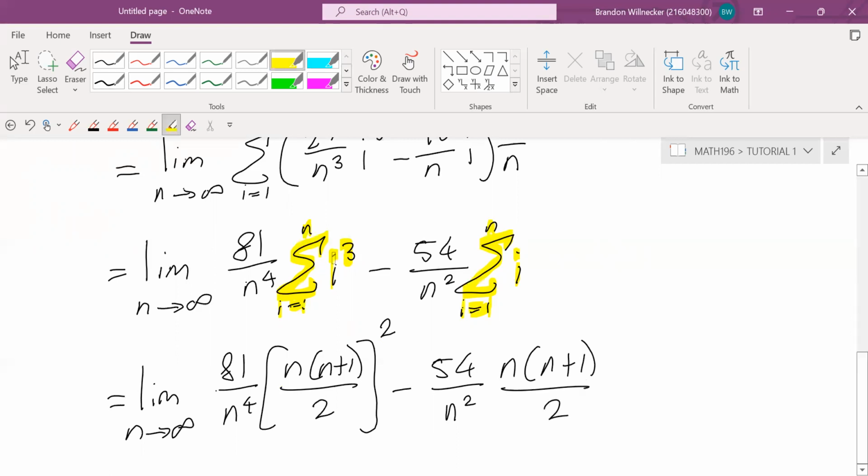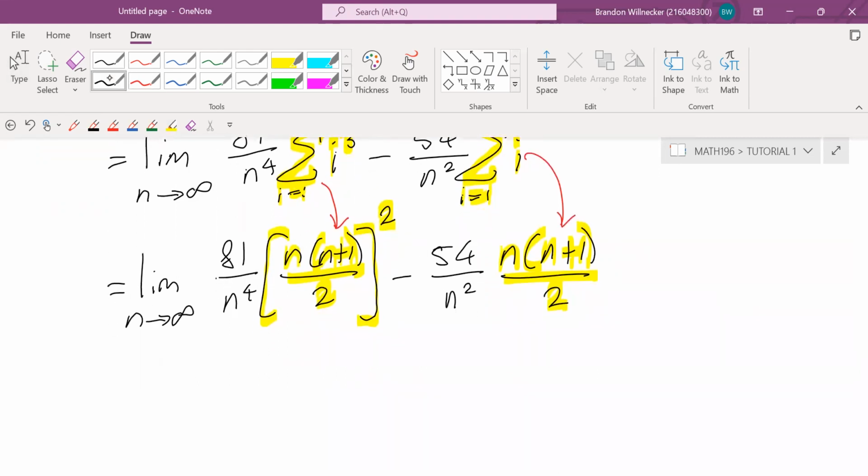So we replaced the sum of r cubed with this term I'm highlighting in yellow, and we can replace the sum of r with this term that I'm now highlighting in yellow. Okay, so we've just done a substitution. So this we replace with this, and that we replace with that.